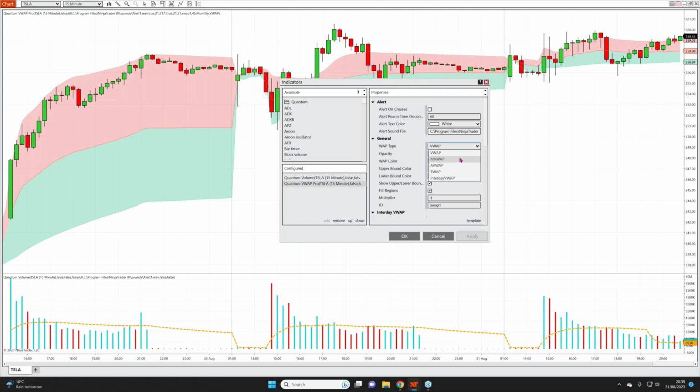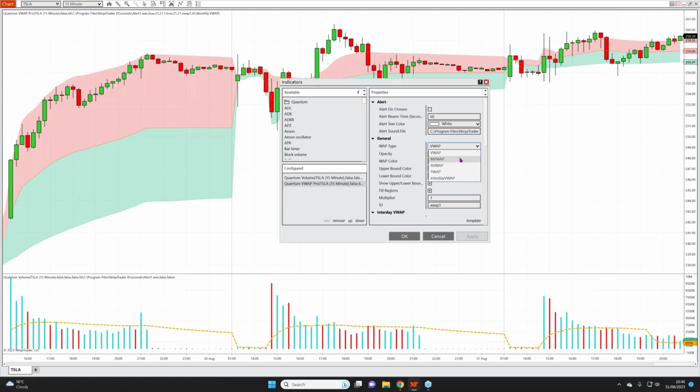The second variant is the MVWAP, which is the moving volume weighted average price. The difference with that is that it no longer anchors, it no longer starts at each new session, it just continues seamlessly. So if you want to see the VWAP continue through the sessions without any break, that is the one that's very popular.